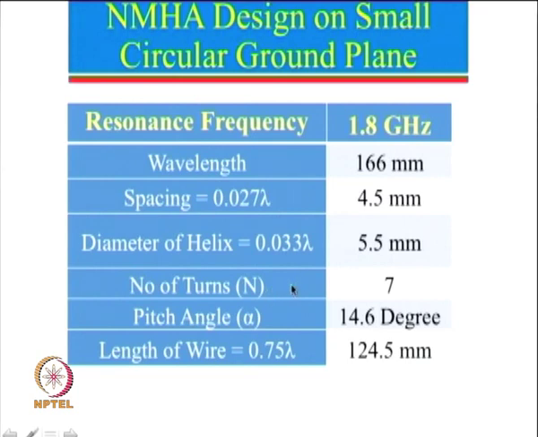The next step was to study the effect of the ground plane size. As you can see, I have not mentioned the size of the ground plane, nor the wire diameter or radius, because these are the two parameters which are not very obvious. Other things are obvious: if the total wire length is large, the frequency will reduce.